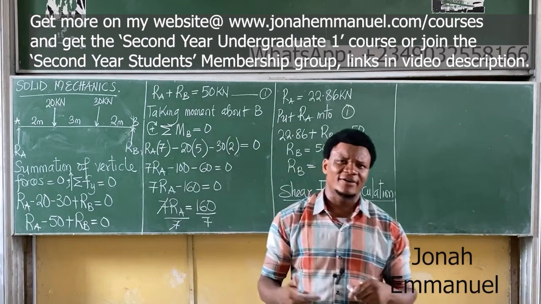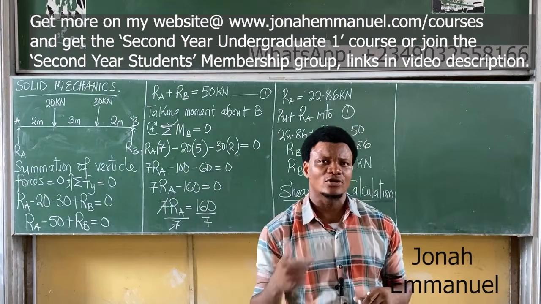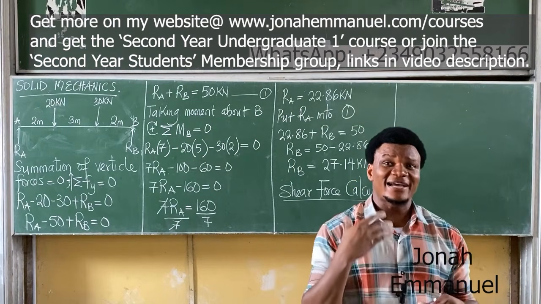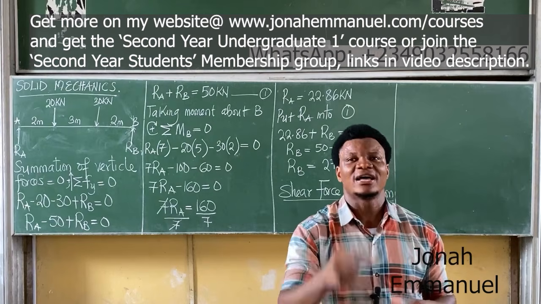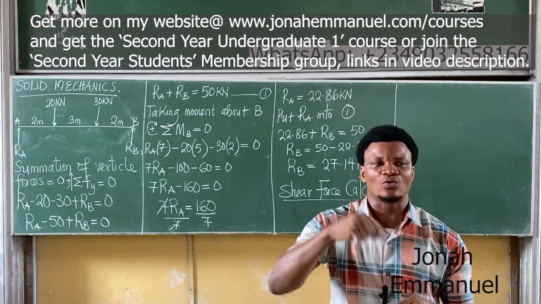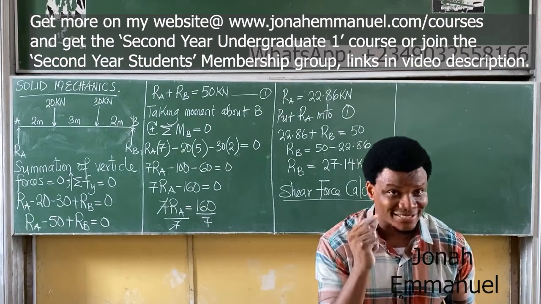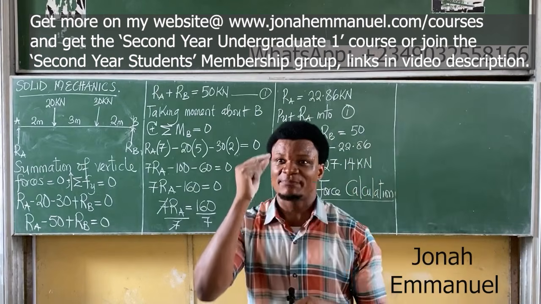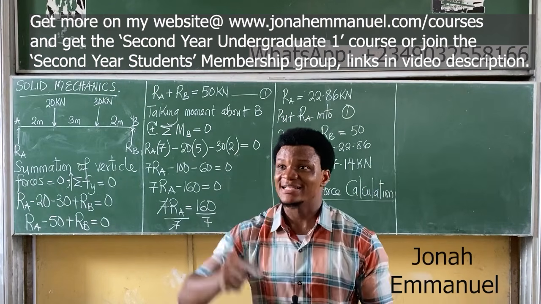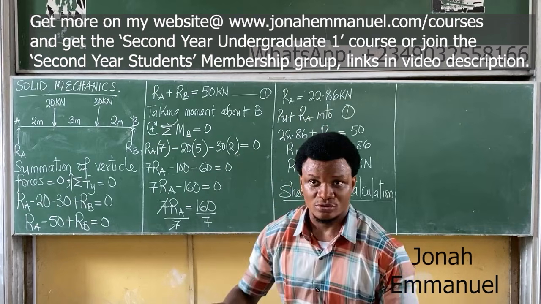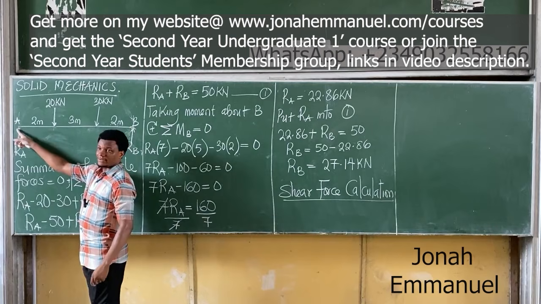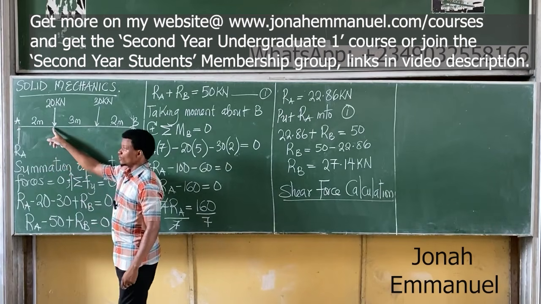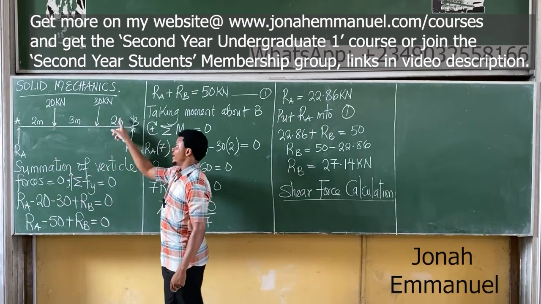My advice to you is to take specific intervals at every point where you have a point load. Please listen. In this beam, I have point loads at 1, 2, 3, and 4.